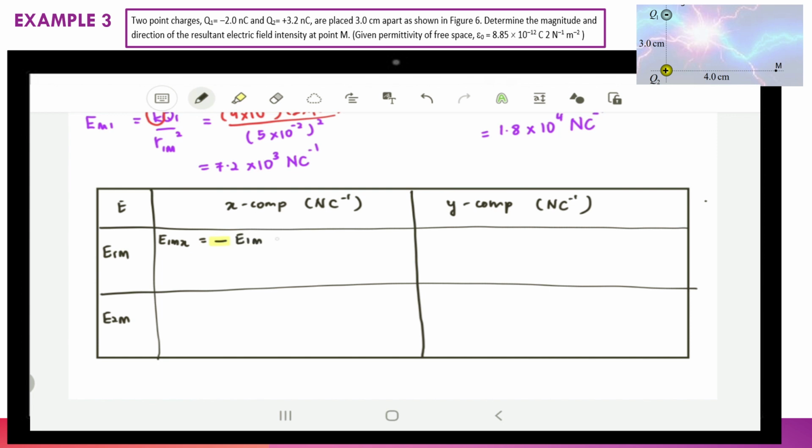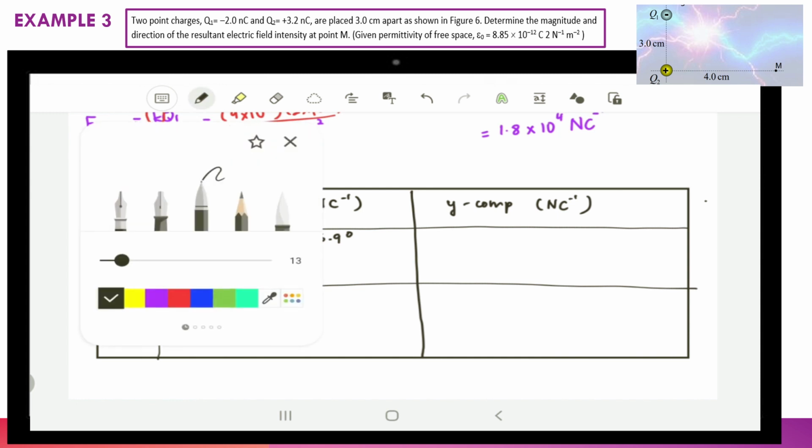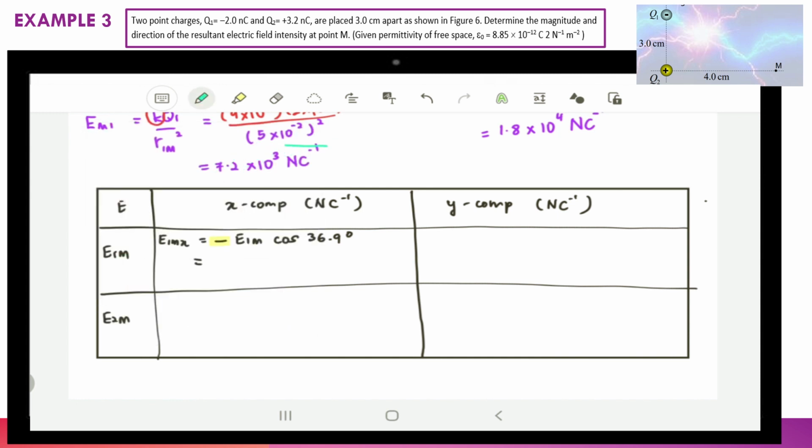E1m cos, because the angle is beside the line of E1mx, so cos 36.9 degree. And E1m, we calculated just now, E1m here is negative 7.2 exponent 3.